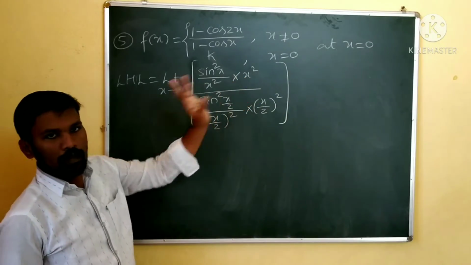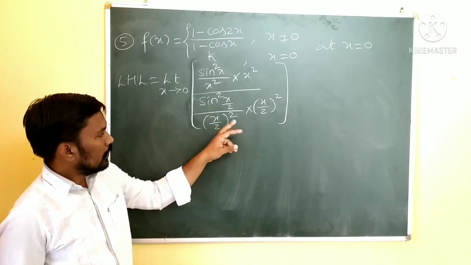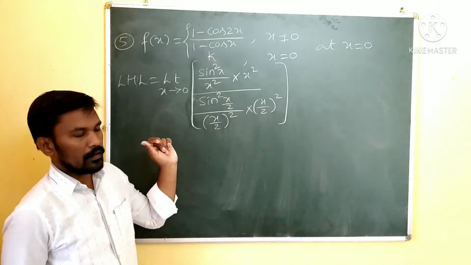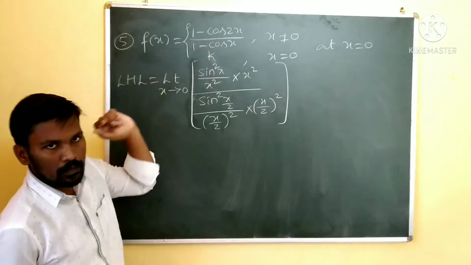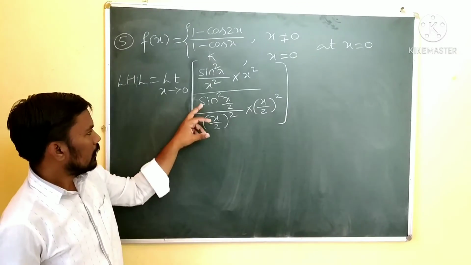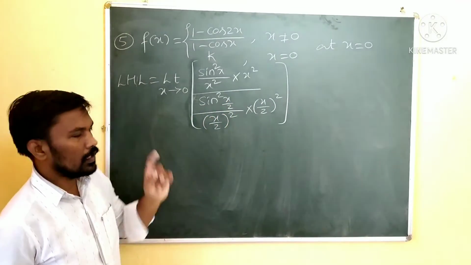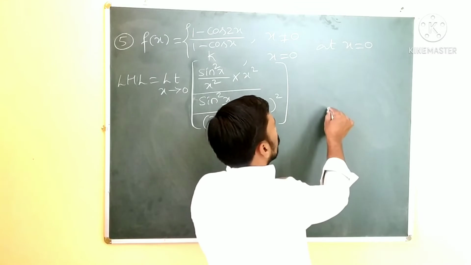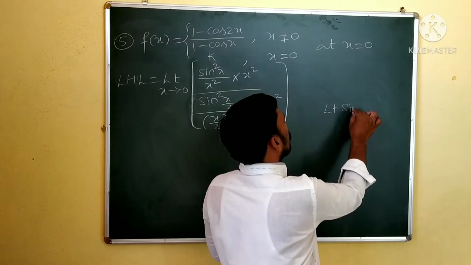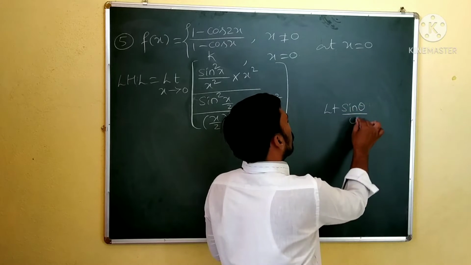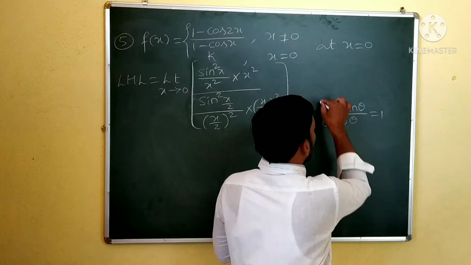Multiply and divide by x square in the numerator, and similarly by x by 2 whole square in the denominator, and do the simplification. Sin square x by x square is nothing but 1, and similarly sin square x by 2 divided by x by 2 whole square is again 1. Make use of the standard formula, limit of sin theta by theta as theta tending to 0 is equal to 1.